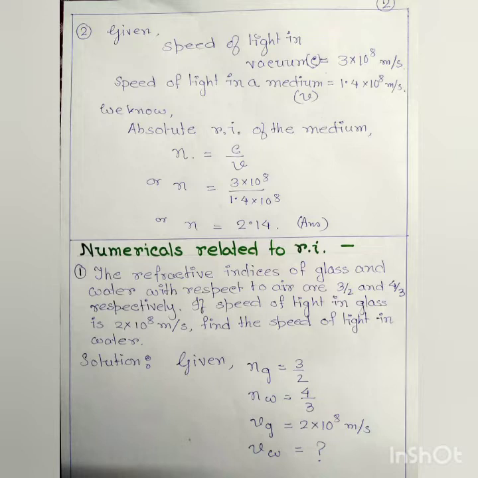Now here the given conditions are refractive index, absolute refractive index of glass is 3/2. Absolute refractive index of water is 4/3 and velocity of light in glass is 2 into 10 to the power 8 meter per second, and we have to find out the value of speed of light through water.